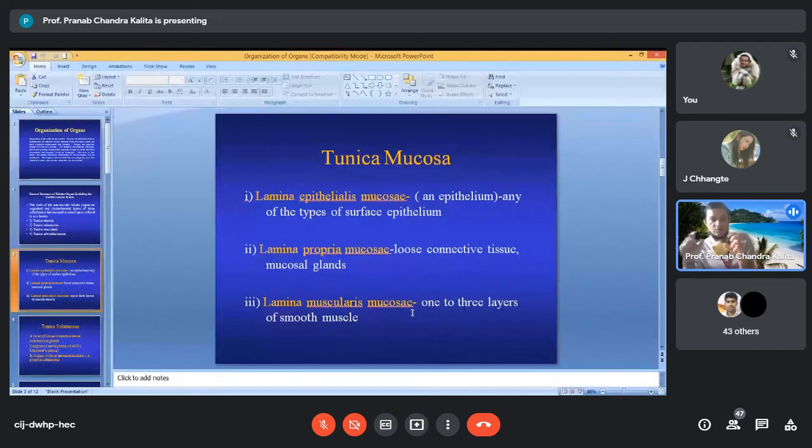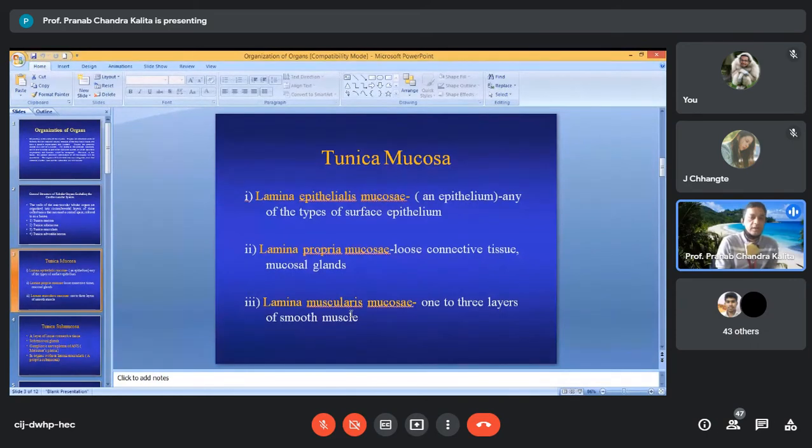Due to the contraction of this muscle within the lamina muscularis, the ingesta or the particular content within the organ will move from the anterior to the posterior direction. Got my point? Due to the contraction and relaxation of the smooth muscles, the content of particular organs has anterior-posterior movement.